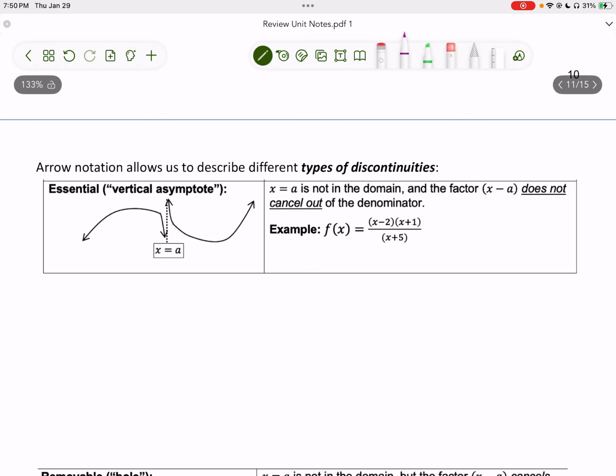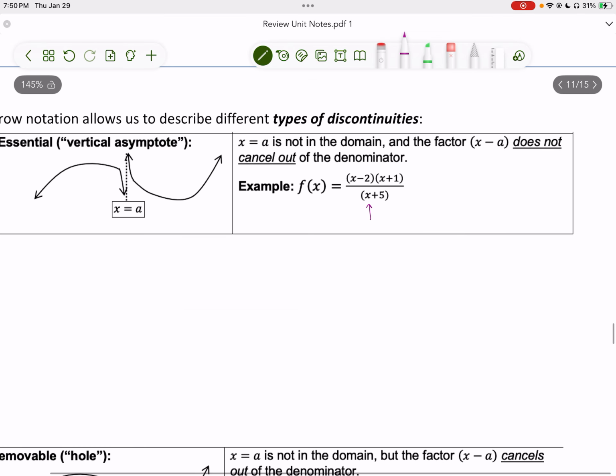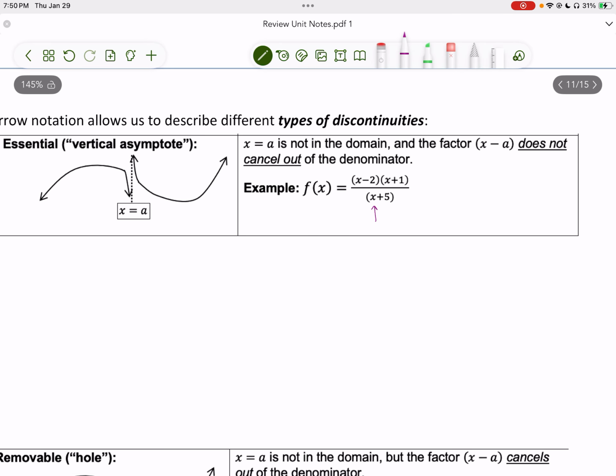Remember from college algebra, we've always found vertical asymptotes. It's what kind of cuts the function down the middle, and you're never going to touch that line. That's always from your denominator, right? We did that in the warm-up. We know that when the denominator equals 0, the function doesn't exist.